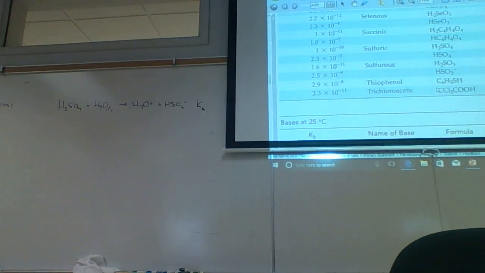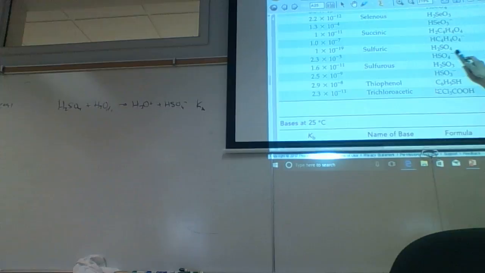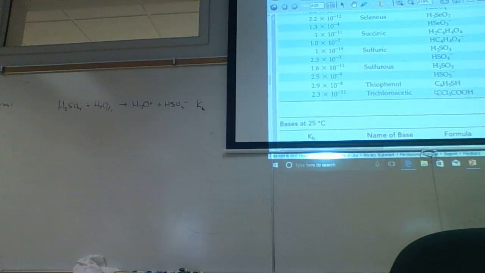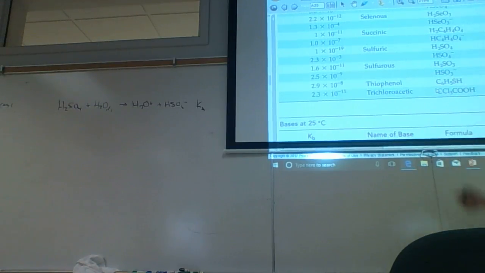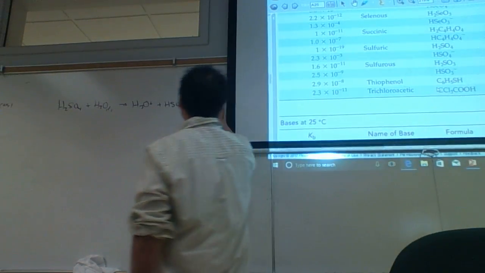Look at Appendix D, we'll see on the Ka chart for sulfuric acid, they just write strong acid, which means that the K is going to be... you notice H2SO4 is a strong acid, therefore the Ka is, what do we say? Very large. And so the Ka equals very large.